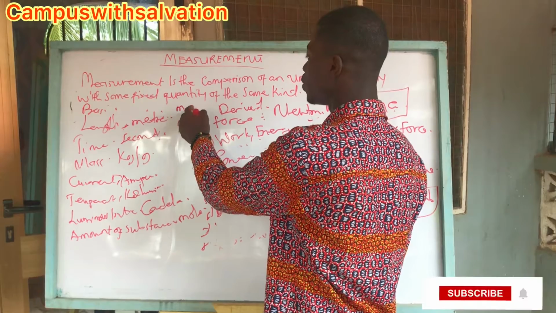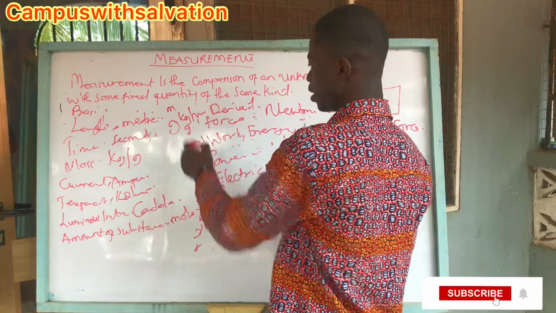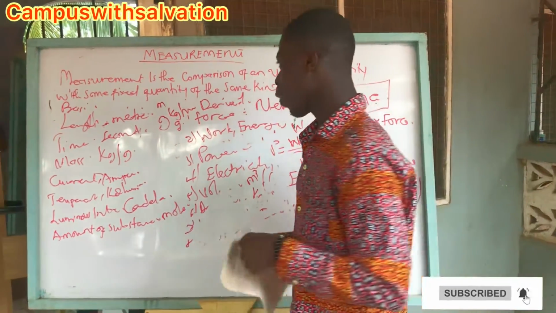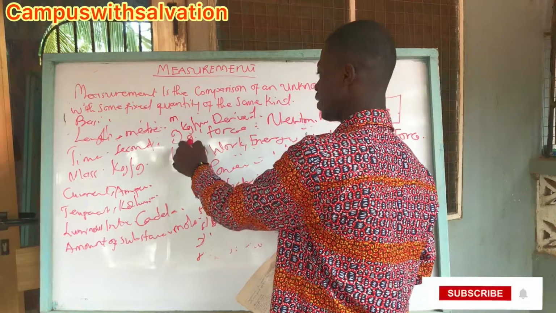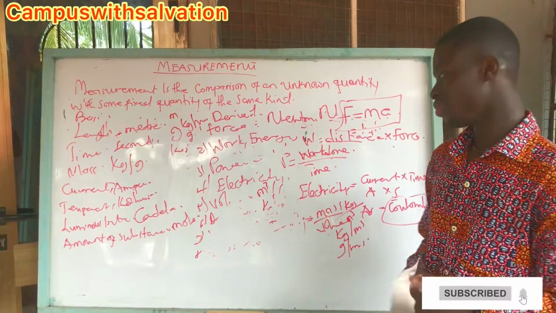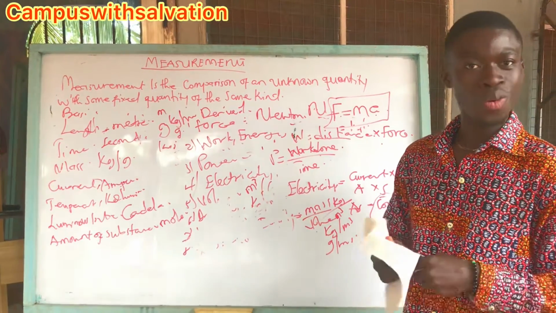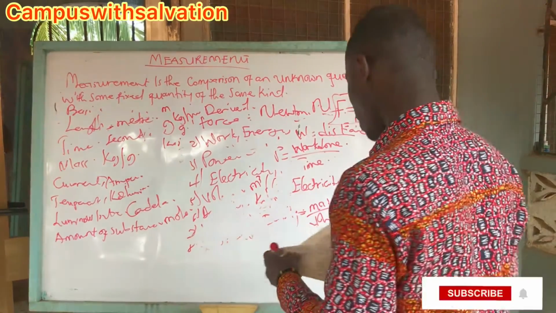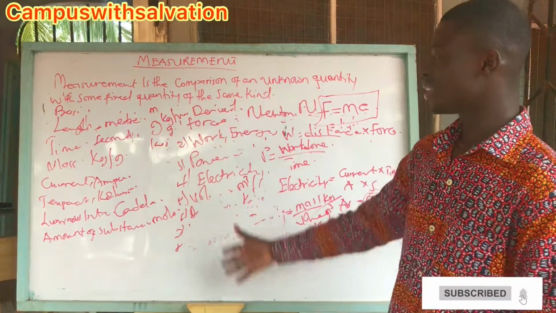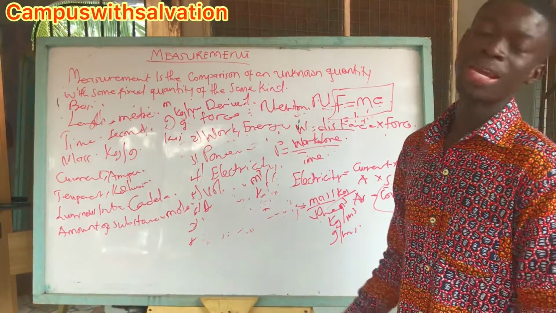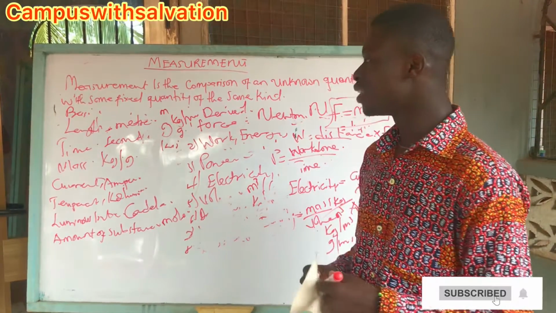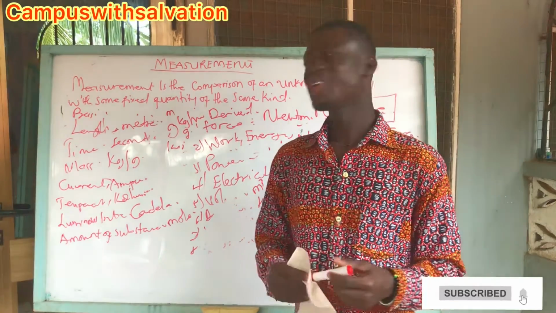You need to calculate it with kilometers, because from Kumasi to Accra is a very large quantity, so you calculate it with kilometers, which is in thousands. So take note of it. Each quantity has its own way of calculating it. As we proceed, we will get to know how to solve questions on these various quantities, and this may be in our next lessons. So for now, we can end here.